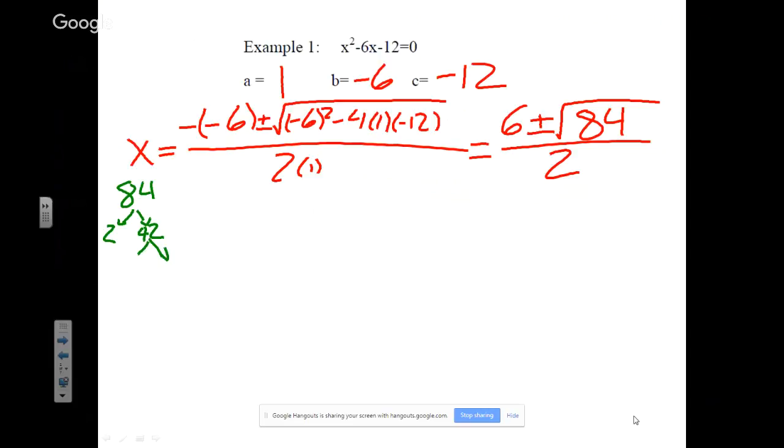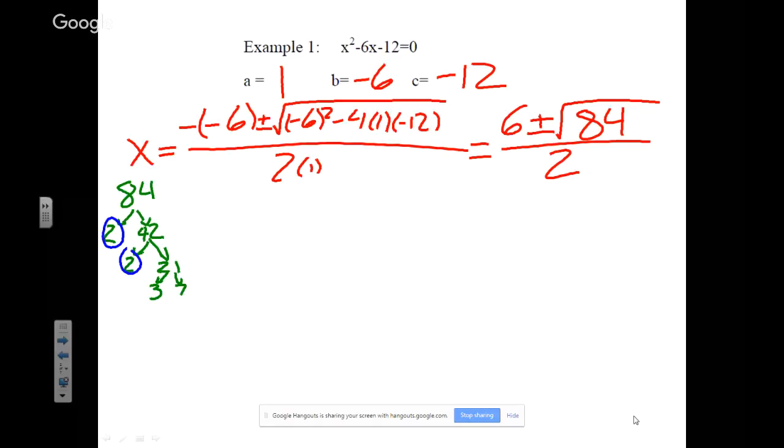And you can break this down into 2 and 21. You can break this 21 down into 3 and 7. And then there's nothing else to break it down into, but we see the pair of the 2 and the 2.